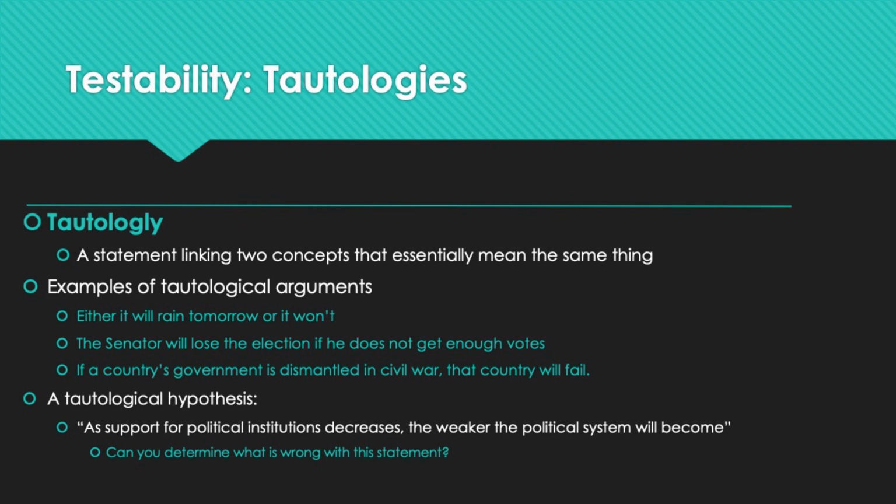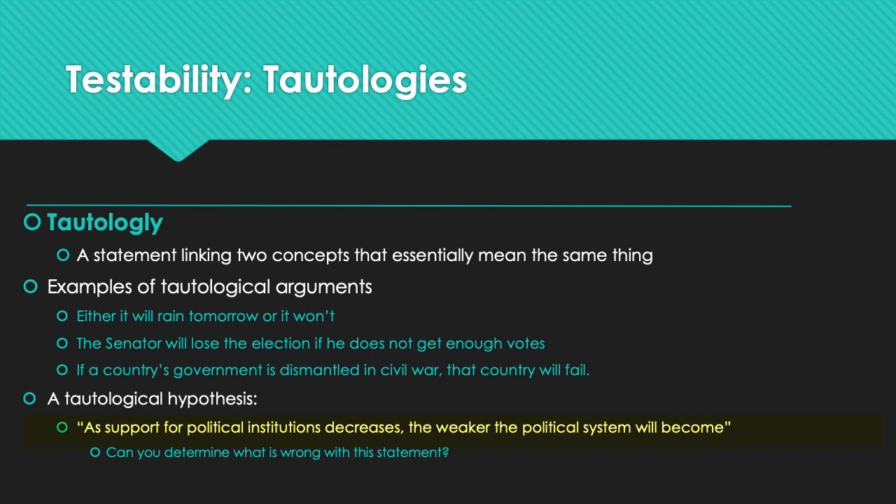Let's put this into a hypothesis to give you an example of how you might accidentally commit a tautology. So the example is, as support for political institutions decreases, right? So maybe support for the legislature, the executive, or whatever. As support for political institutions decreases, the weaker the political system will become.